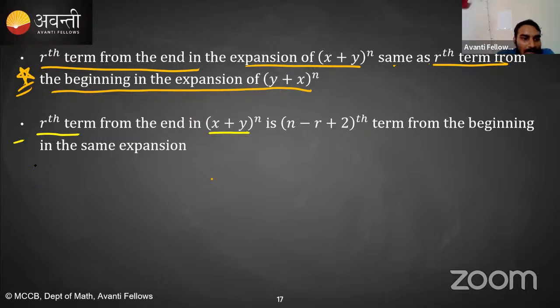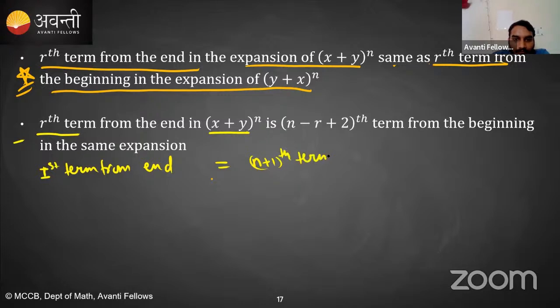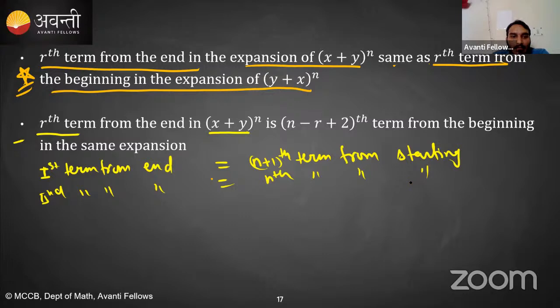It means if I ask you the first term from the end, the first term from the end is nothing but the (n + 1)th term from the start. Similarly, the second term from the end is equal to the nth term from the start. Clear? The third term from the end is nothing but the (n - 1)th term from the start.